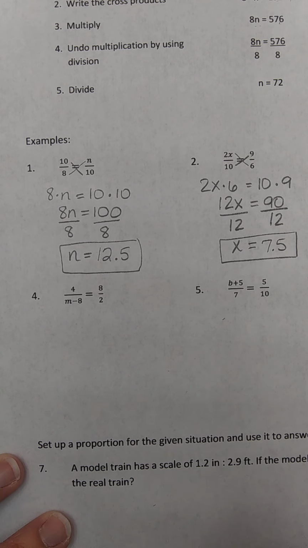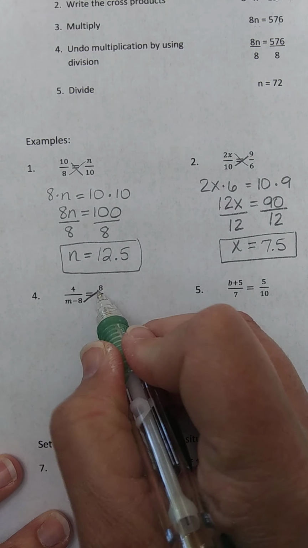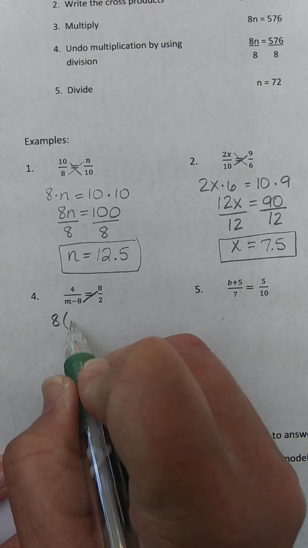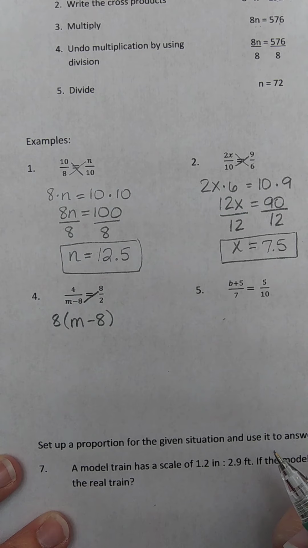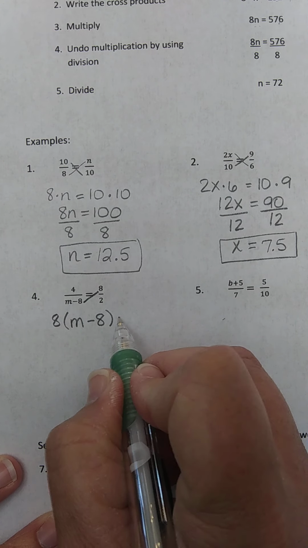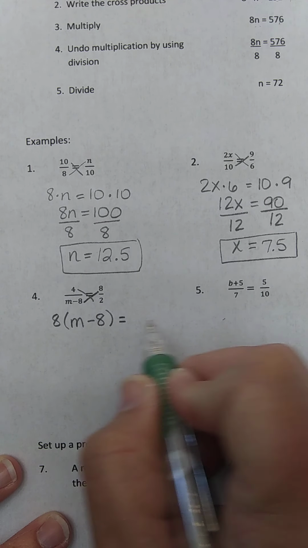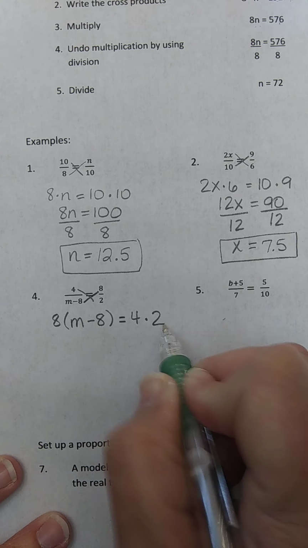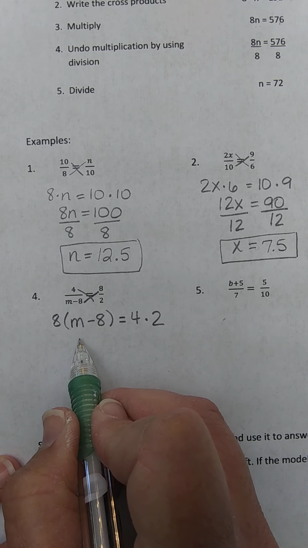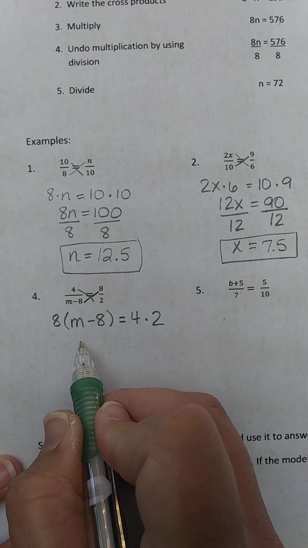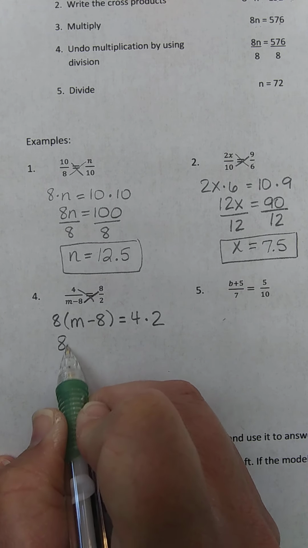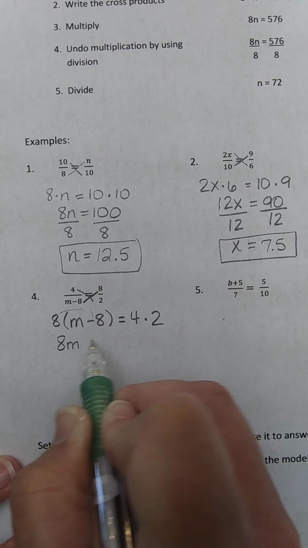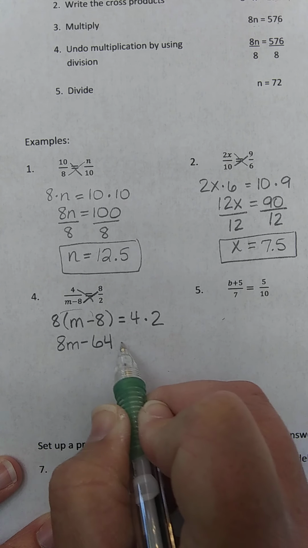All right, let's take it up to a little bit more of a Math 2 type of question. So one of our cross products will be 8 and m minus 8. And you'll notice I took the binomial and put it into parentheses so that I could multiply. Then 4 times 2 is our other cross product. When we multiply the number times the binomial, we will need to do distribution. So 8 times m would be 8m, and 8 times negative 8, negative 64.